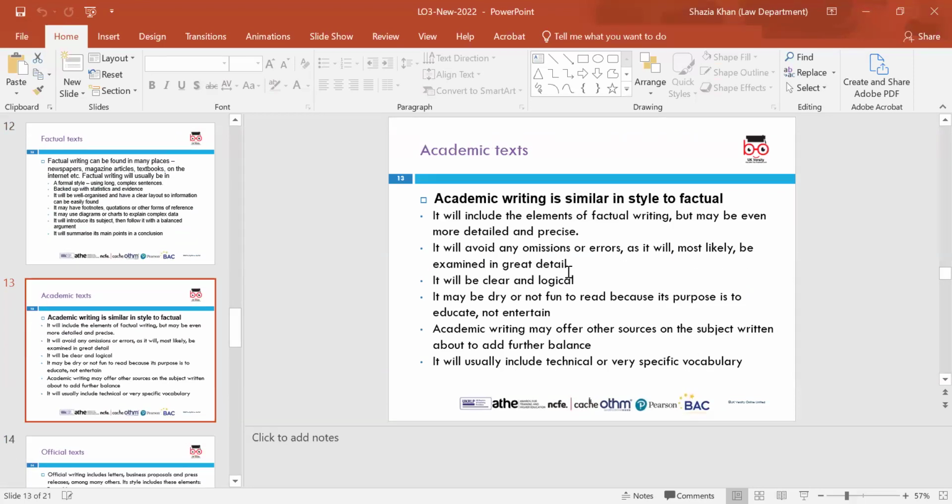Academic texts are similar to factual texts, but they include the elements of factual writing. So there's more detail, and it's more clear and logical, and it can differ depending on the sources you've used. It usually includes technical or very specific vocabulary. So that's academic text.